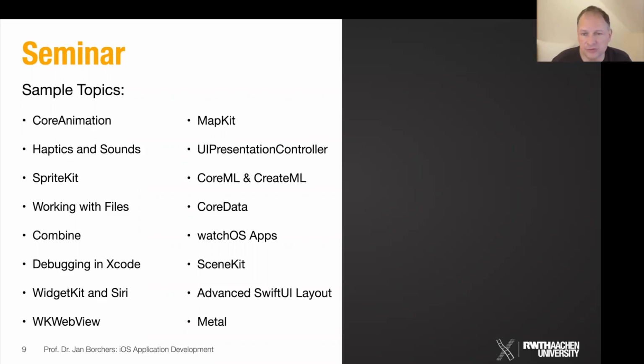Scene Kit to give you a little bit of 2D and 3D graphics fun, and then SwiftUI as the sort of new way of doing things, and how does SwiftUI tackle the whole question of layout. And of course, Metal, for those who want to get their hands really dirty, you can go down into the graphics APIs, and this is what you use if you need really high performance graphics. You need to squeeze the last bit of performance out of your app, for example, for a highly immersive high frame rate game, for example.